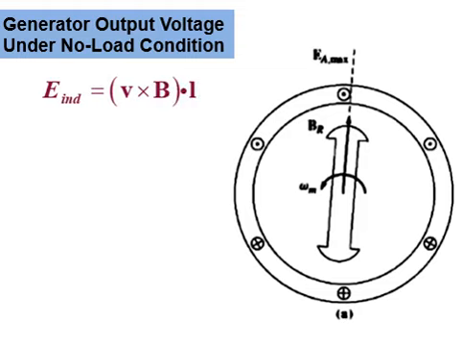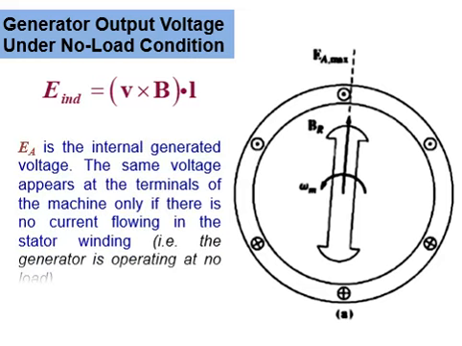We studied that the induced voltage is equal to V cross B into L. EA is the internal voltage, and the same voltage appears at the terminals of the machine only if there is no current flowing in the stator winding, as we have discussed earlier.